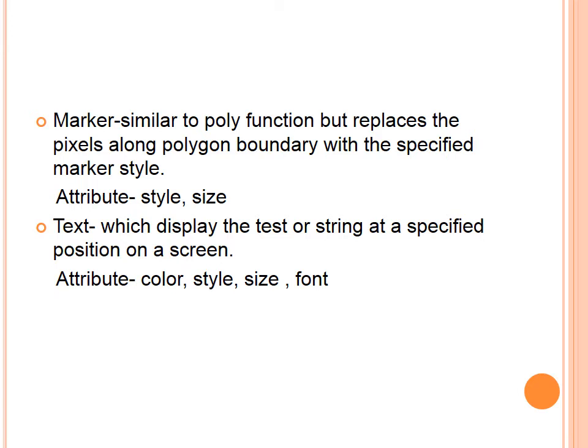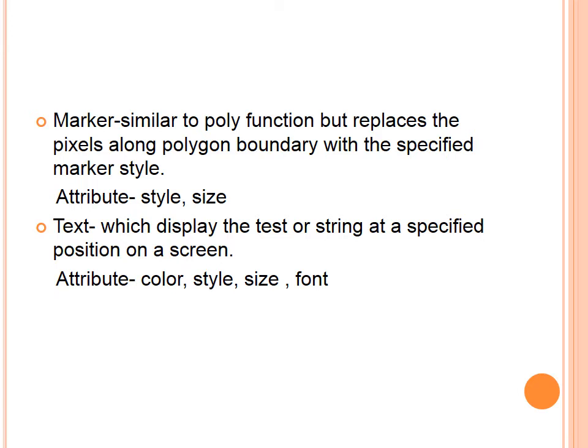Text displays the text or string at a specified position on a screen. Attributes are color, style, size, font. Color like red, green, yellow. Style is bold, italic, underline.